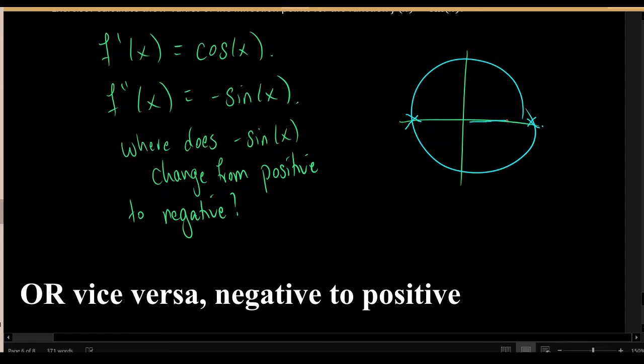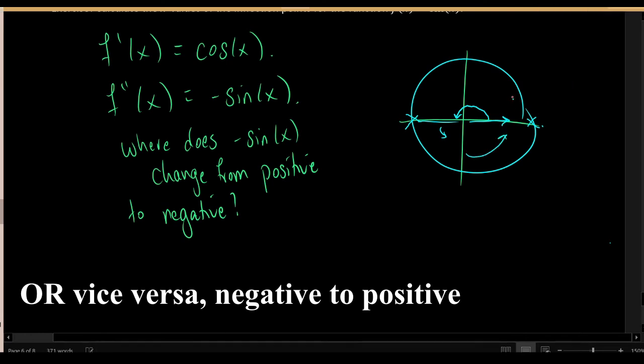We begin with some angle, and as that angle increases, when that angle points to a location above the x-axis, sine outputs a positive number. Then the angle is pointing to a location which is below the x-axis, which causes sine to change from positive to negative.